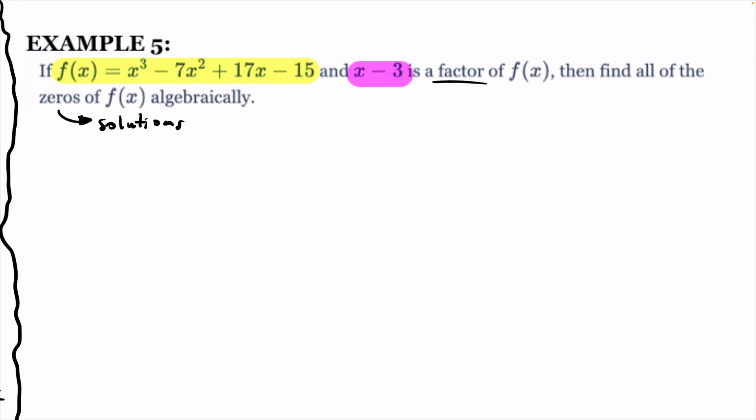What does that mean? What does it mean if x minus 3 is a factor? When we divide, what do we get? What happens when we divide? What does a factor mean?